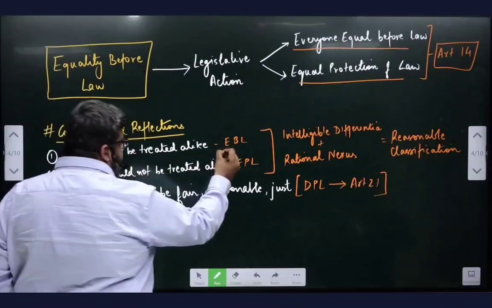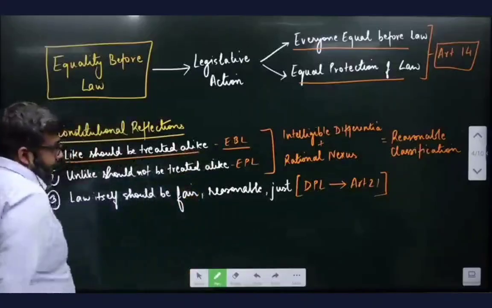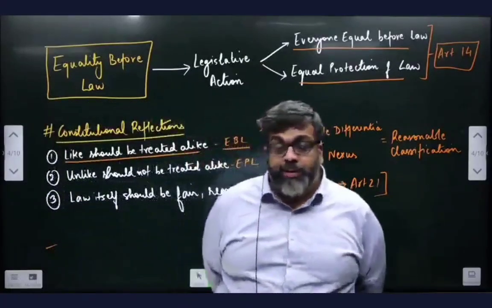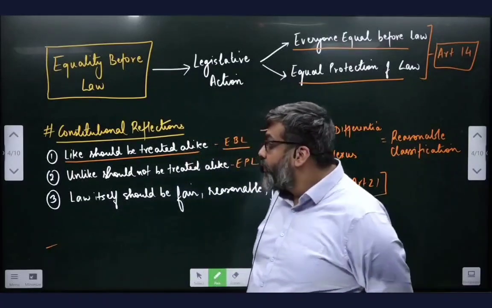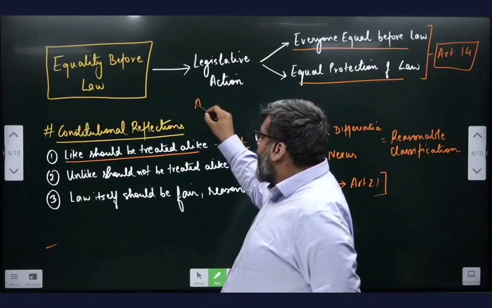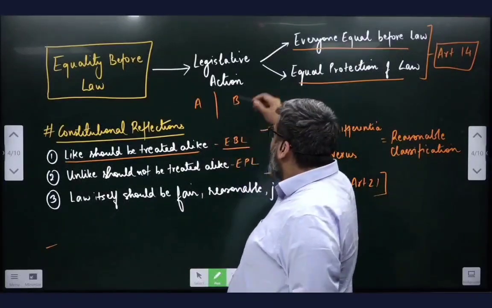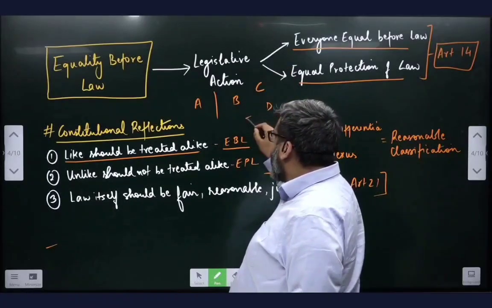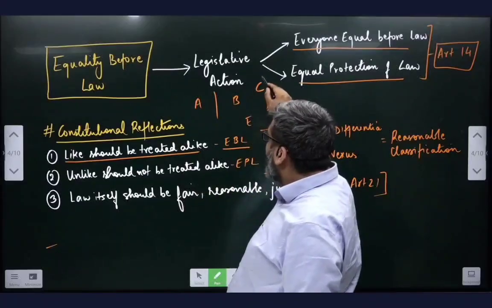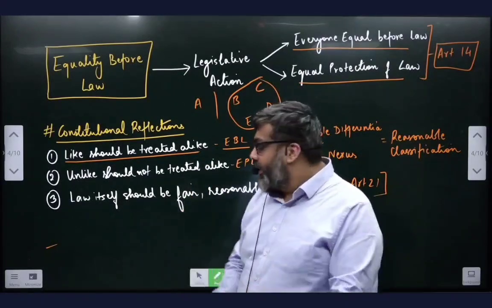Under the principle of equality before law, it says like should be treated alike, which means everyone who is similar to each other should be treated similarly. But that also means that, for example, let's say there is A and B. They're inherently different. Now there is B, there is C, there is D, there is E. B, C, D, E are different from A. That does not mean that B, C, D, E should be treated similarly.